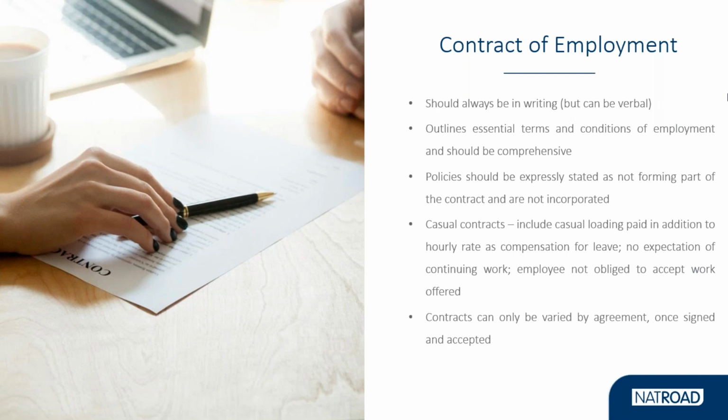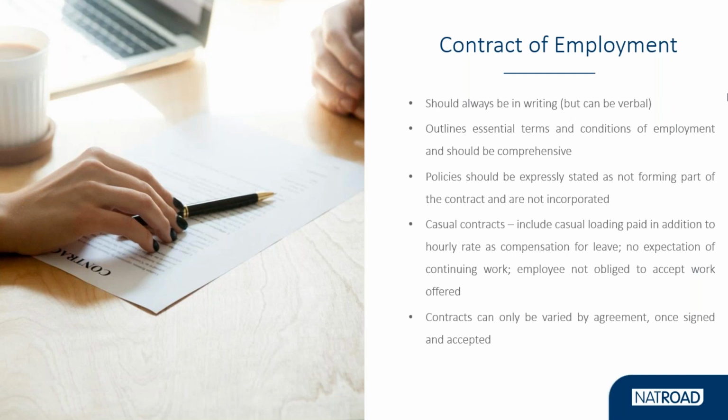If you've got someone performing a sales role, you may want to have restrictions in relation to their ability to take clients with them if they were to leave your business.